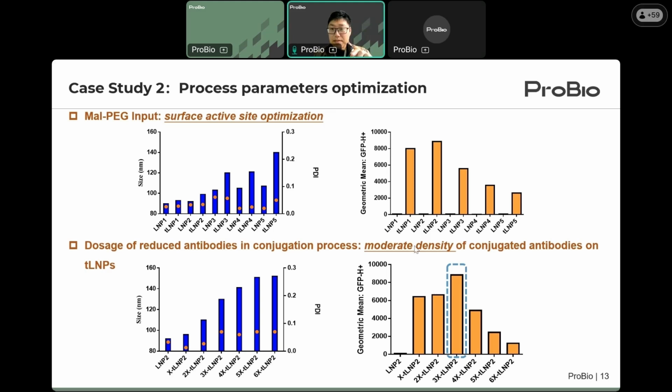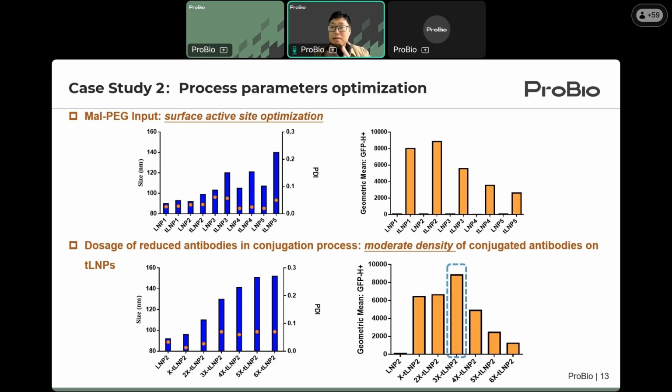But I want to emphasize here, for the cellular expression, it does not necessarily mean that more antibodies will give you higher cellular expression. It's not guaranteed. Actually, the best cellular expression only comes with, I would say, maybe a medium antibody density.